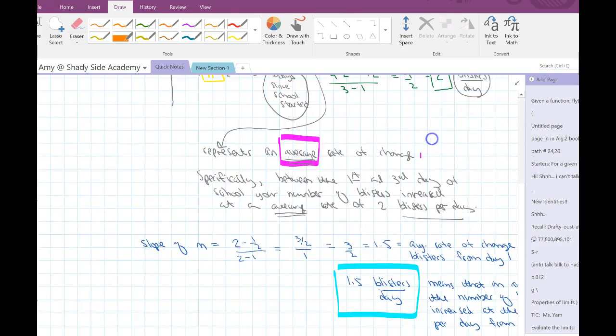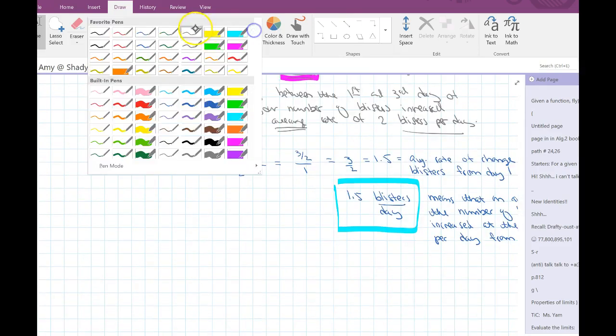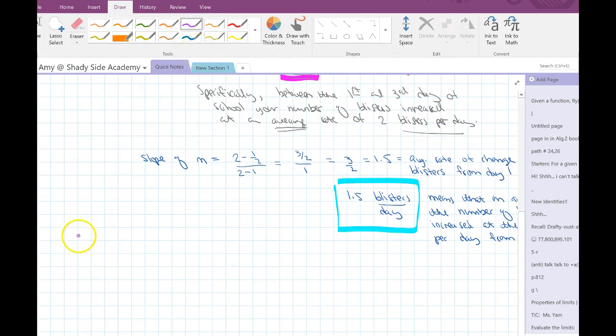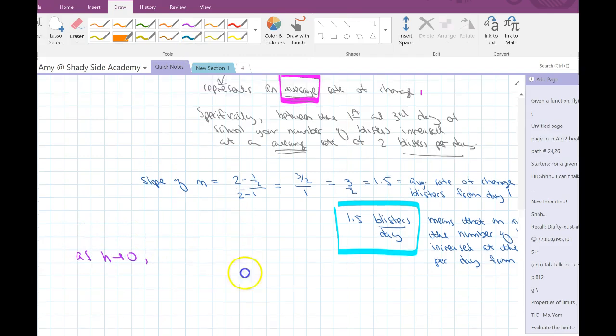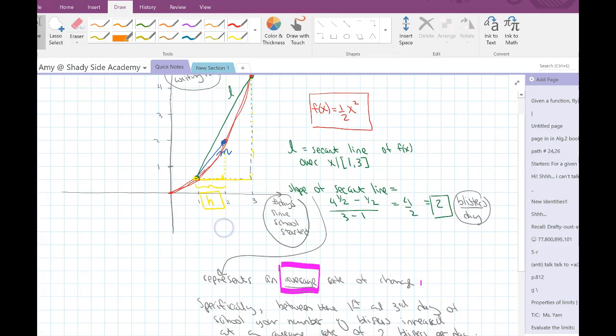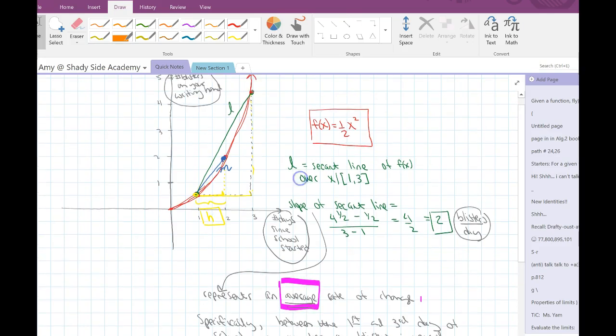So let me ask this question. Tell me what happens if we play with this little mental idea. As H approaches 0, what do we start looking at? As H, the horizontal distance, approaches 0, what I start looking at are secant lines that are closer and closer and closer to x equals 1.